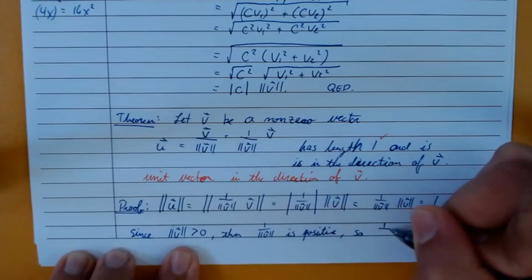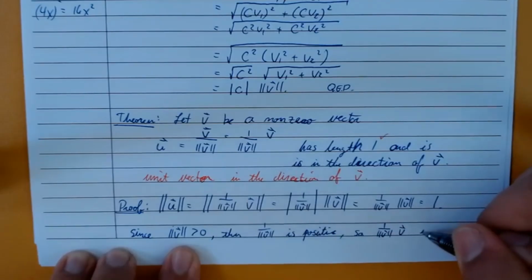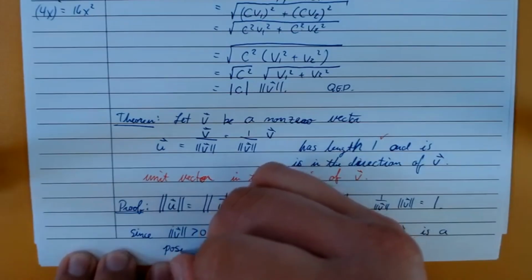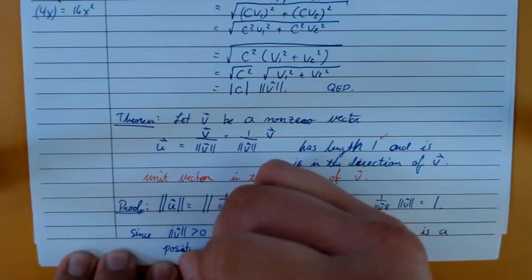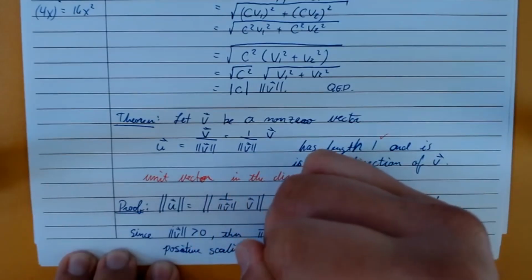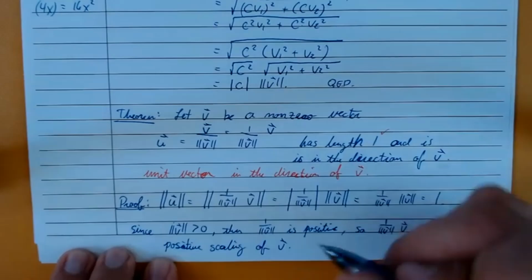So 1 over the magnitude of V times V is a positive scaling of the vector V. So it must be in the direction of V.